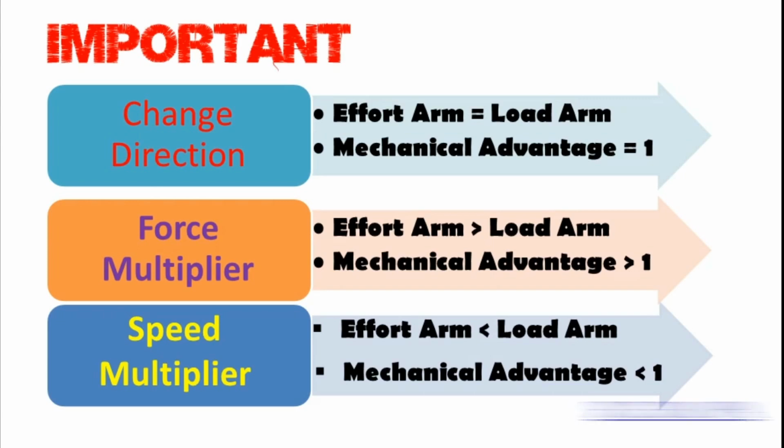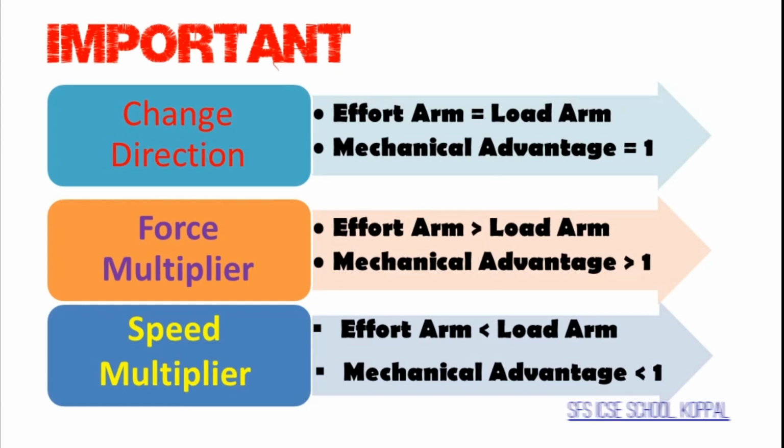Number 3, if effort arm is lesser than load arm or load arm is more than effort arm, mechanical advantage will be less than 1. Such machines are used to multiply speed.